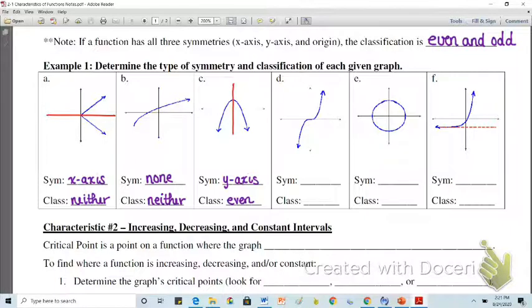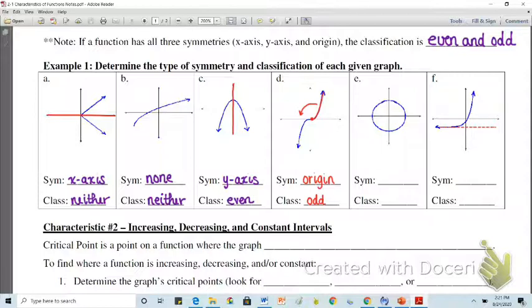Finally, D, if I take this part of the graph, I can't fold it to match up with the other part, but I can turn it 180 degrees. Therefore, it is symmetric about the origin, which means it is an odd function.